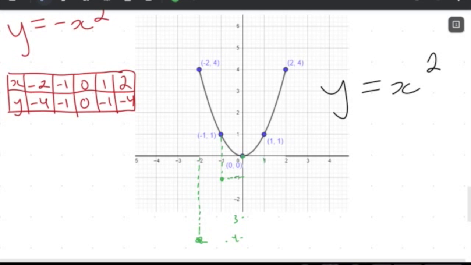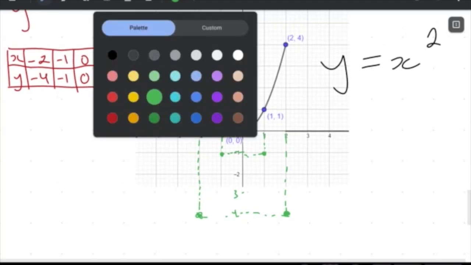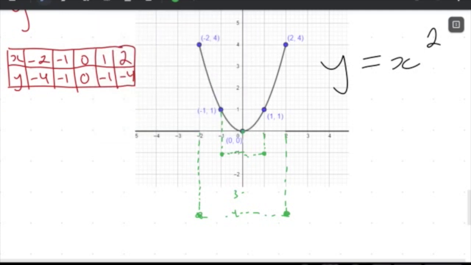When x is 1, y is negative 1, and so on and so forth, down we go, until we reach this thing down here. So I'm going to join up these points, and we're going to see what we get. Okay, that's probably about as good as I can draw it freehand.